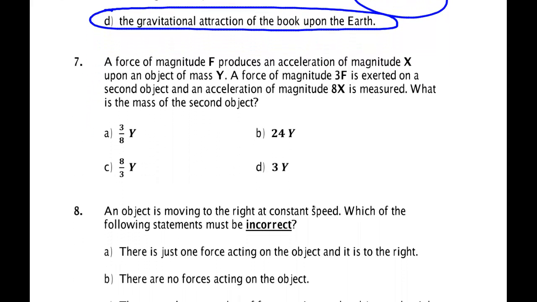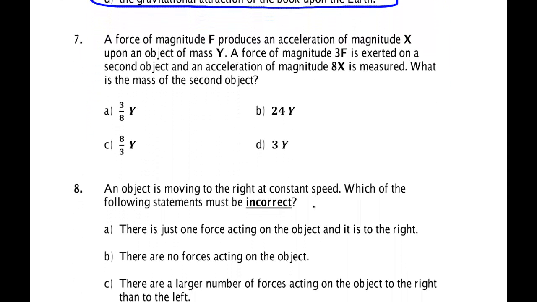Problem number 7. A force of magnitude F produces an acceleration of magnitude x upon an object of mass y. A force of magnitude 3F is exerted on a second object, and an acceleration of magnitude 8x is measured. What is the mass of the second object? Alright, so let's say we have a force F, and it produces on an object y an acceleration of x. Then we have a force 3F exerted on a second object of some unknown mass, and it produces an acceleration of 8x.